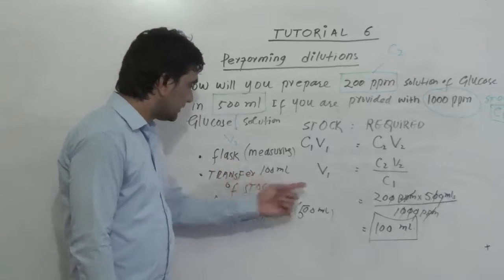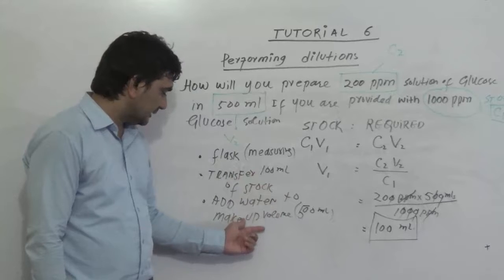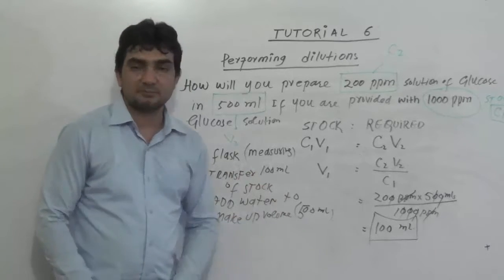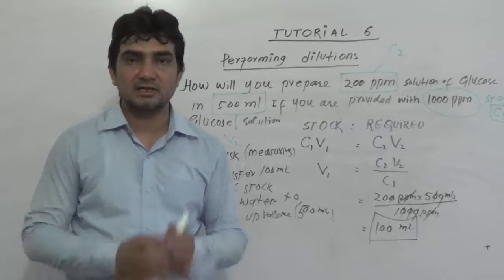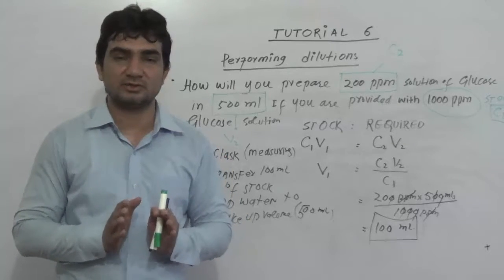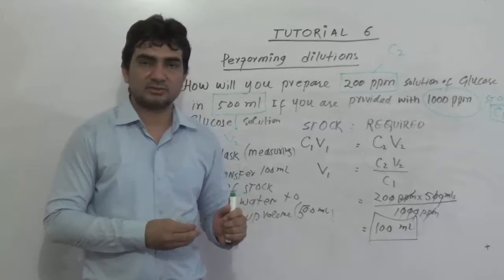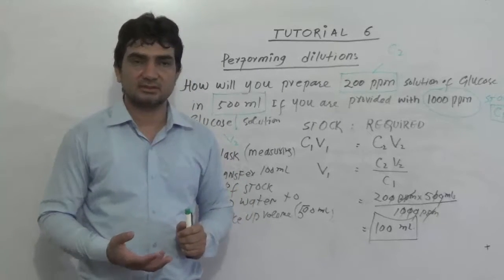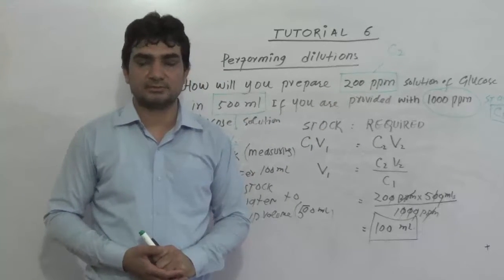You will transfer 100 ml of the stock solution to this measuring flask, then the rest of the measuring flask up to the 500 mark will be filled with distilled water. Now this new solution is your required or desired or diluted solution. It has a concentration of 200 parts per million glucose solution.